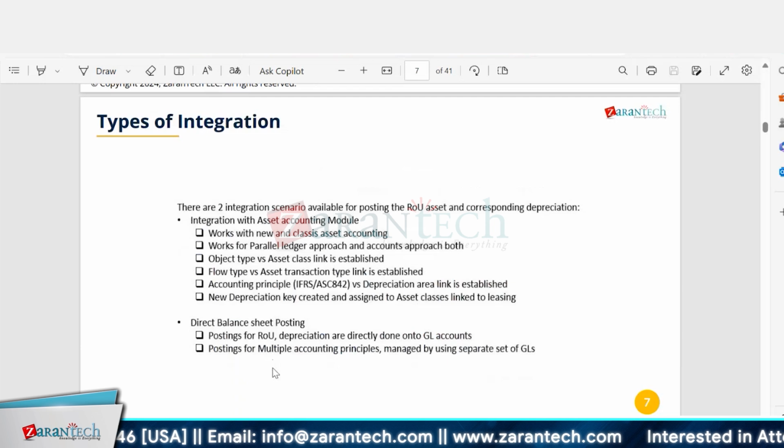Types of integration. There are two integration scenarios available for posting the ROU asset and corresponding depreciation. Within SAP, this is specifically talking about SAP. So what does it mean, integration? Integration with the asset accounting module, and integration with balance sheet posting.